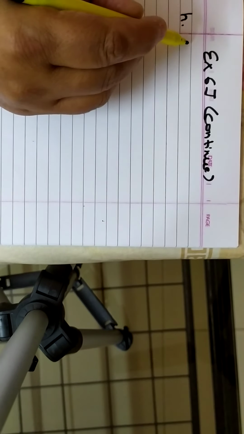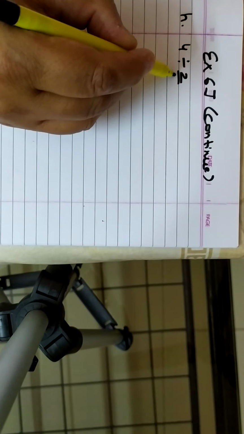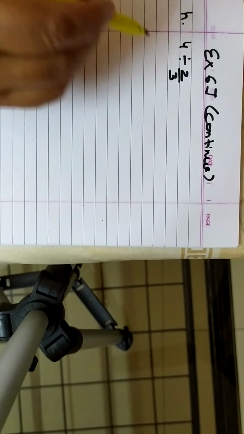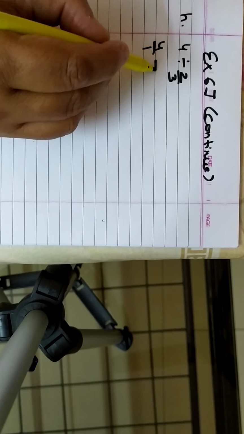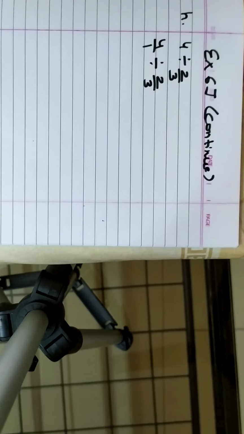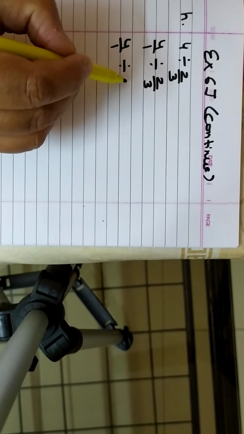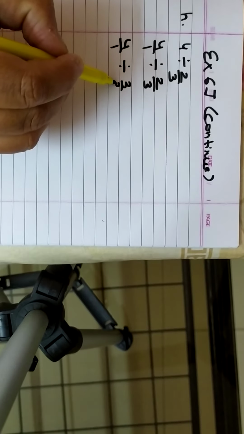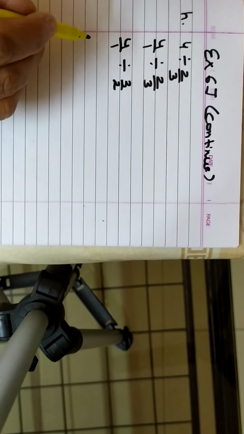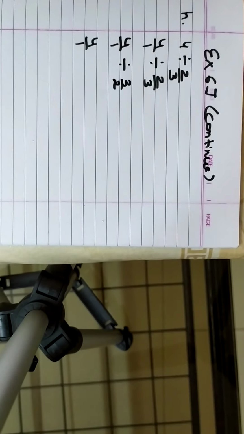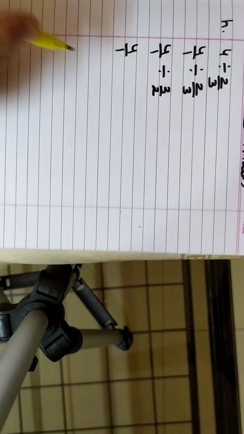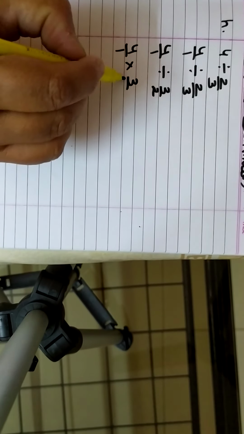It is 4 divided by 2 upon 3. 4 upon 1 divided by 2 upon 3. This is my step 1. 4 upon 1 divided by reciprocal of 2 upon 3, which is 3 upon 2. Multiplying dividend with reciprocal.